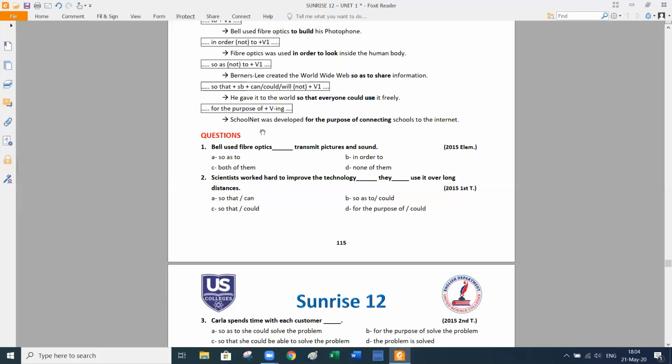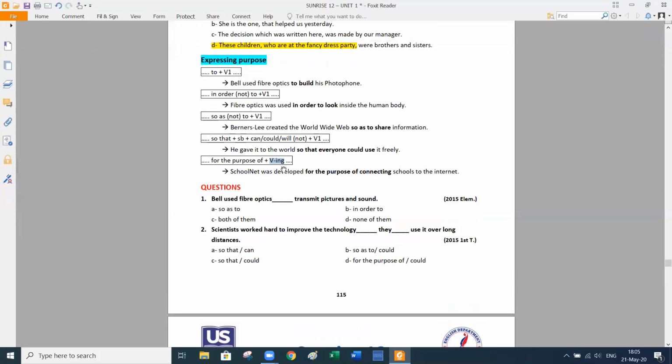The last structure is for the purpose of plus verb ing. For the purpose of, you use this phrase, and then you use the ing form of the verb. This is the only structure among these that uses the ing form. In the first 4 structures, we use verb 1.